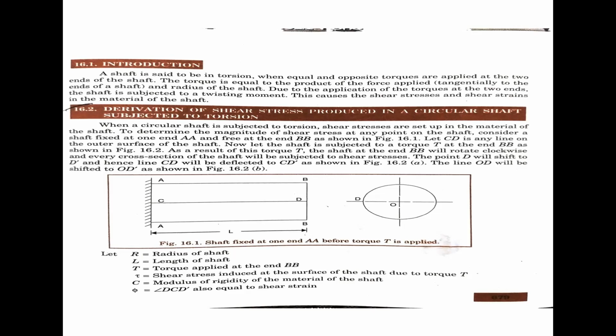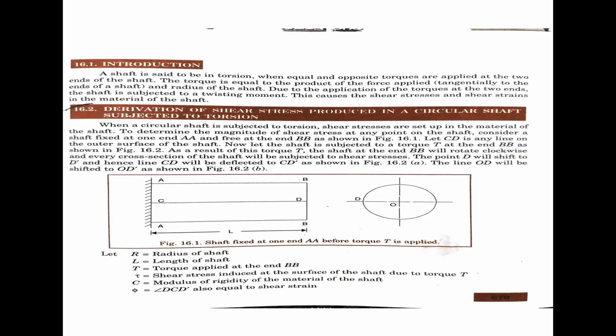When a circular shaft is subjected to torsion, shear stresses are set up in the material of the shaft. To determine the magnitude of shear stress at any point on the shaft.